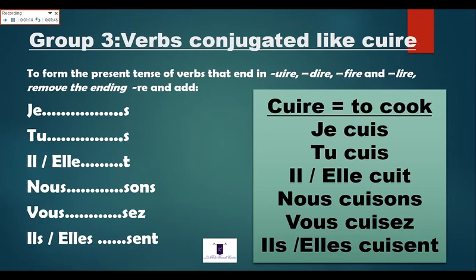So let's look at this verb, cuire. Cuire means to cook. Je cuis, tu cuis, il, elle cuit, nous cuisons, vous cuisez, ils, elles cuisent. So this is the present tense of cuire. Now let's look at some verbs in this group.